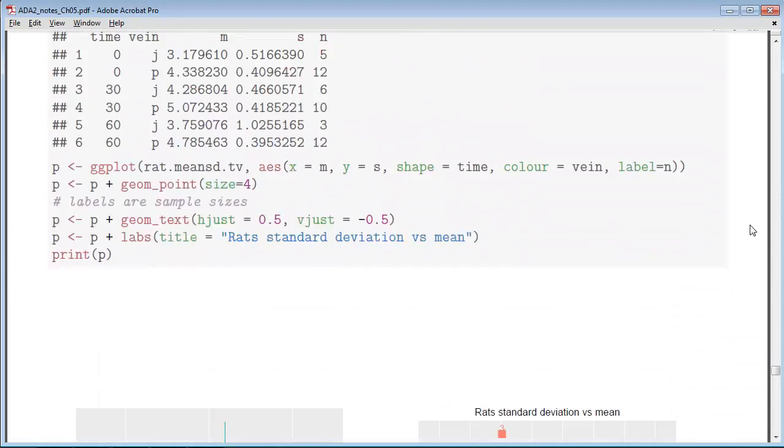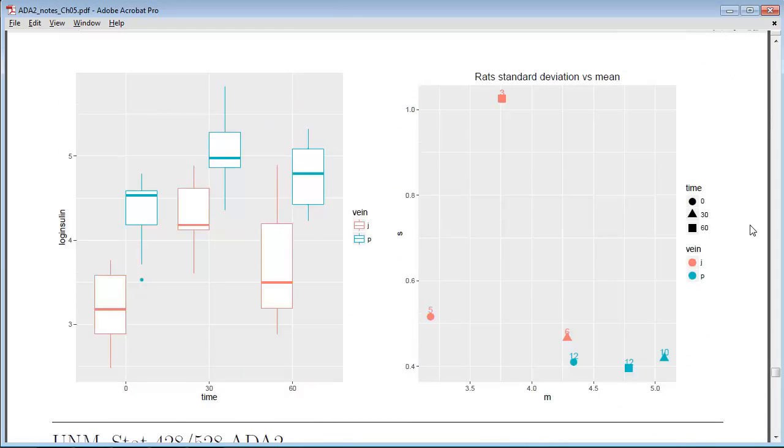All right, so let's take a look at the same plots, but using log insulin. So in terms of spread, this looks pretty similar over these 4 groups. On the right-hand side, we've calculated the mean, the standard deviation, and the sample size for the log insulin.